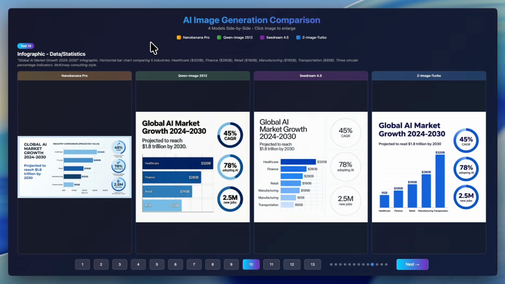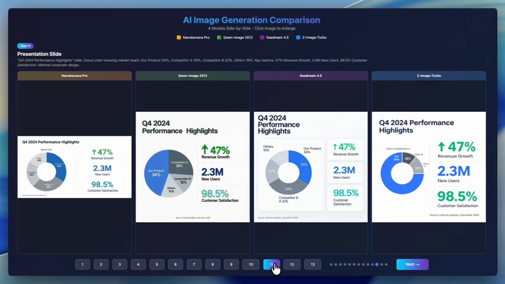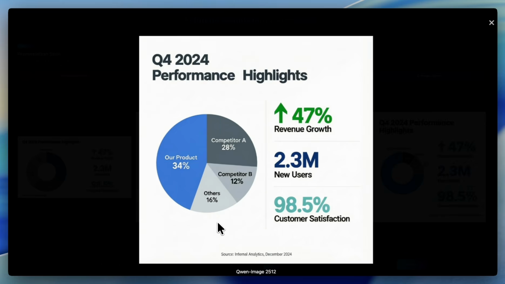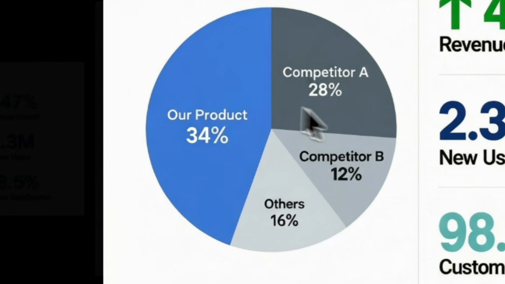It doesn't seem to be a one-time issue, because if we look at a presentation slide, the generation had similar problems. The chart was supposed to be a donut shape, not a pie chart, so this definitely is not the case here.